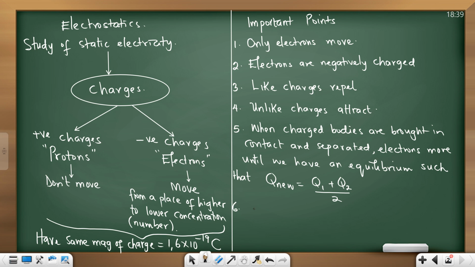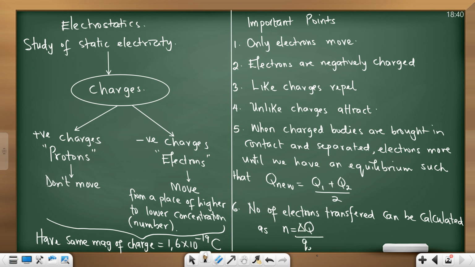Number 6, the number of electrons transferred can be calculated as N equals delta Q over QE.